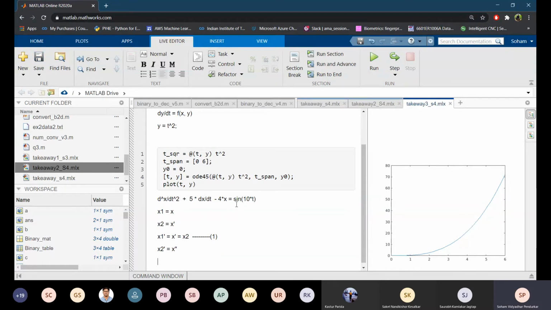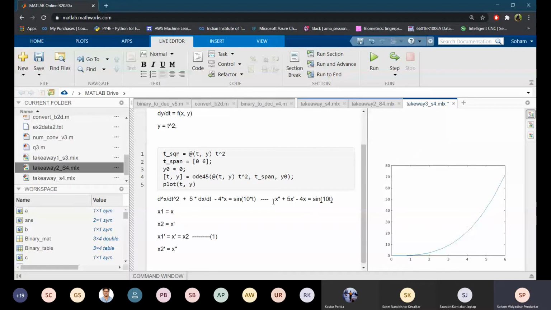In this differential equation, this also means x double dash plus 5x dash minus 4x equals sine of 10t.